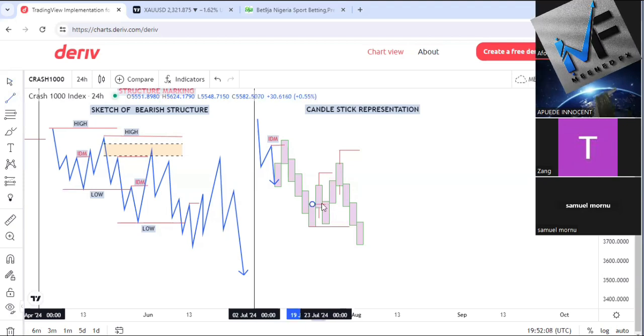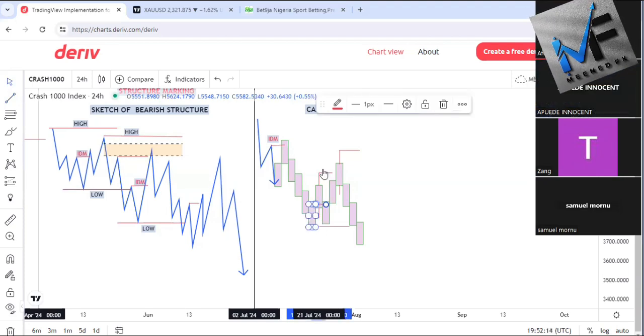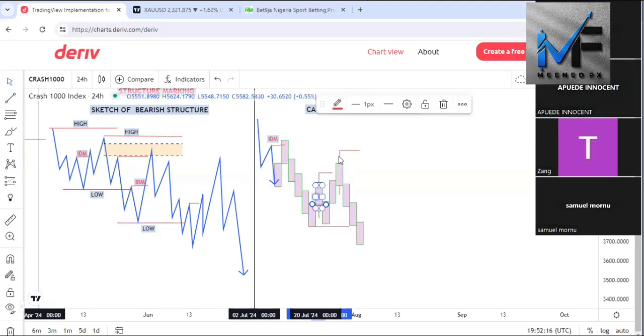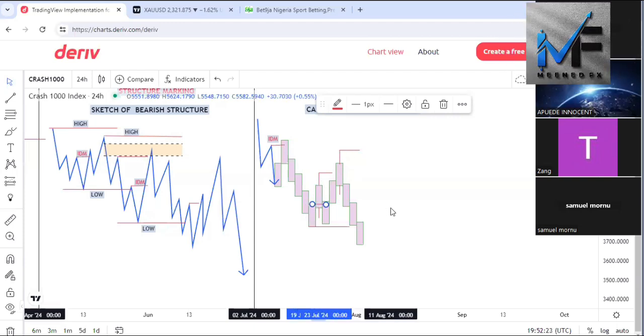Price came for the high of the lowest candle but never came for the low of the lowest candle. So this is not a valid one, and this other one is valid. So instead of marking this, you can put your pullback around here. I intentionally gave this example so that you can understand it. Do you get it now?